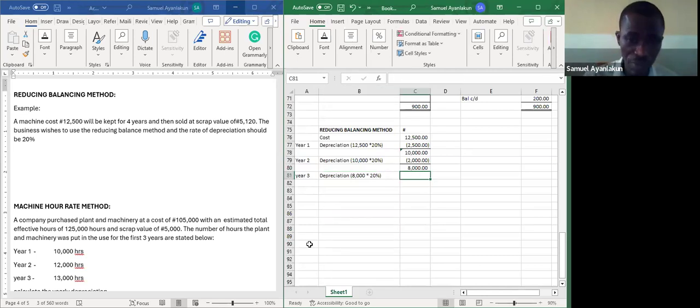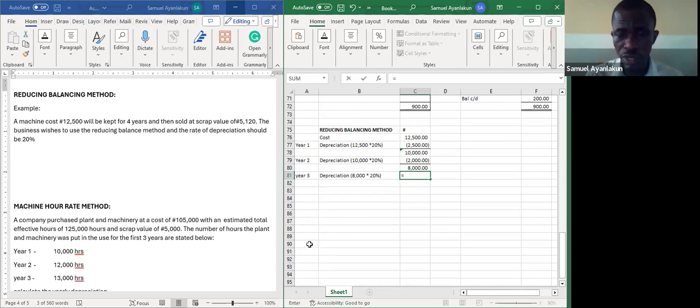So every year is 20%, but you can see that the figure has not been the same. The figure for year one is not the same as year two, and it's not the same for year three. Same thing will apply to year four. So it's a reducing balance method. It's different from the straight-line method, where every year is the same amount.